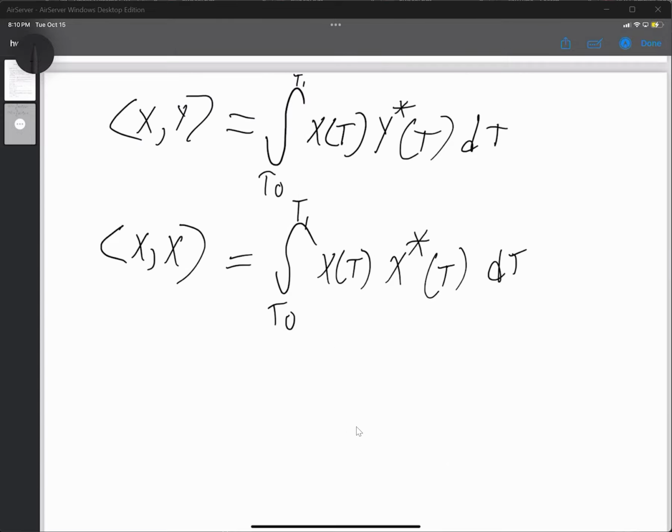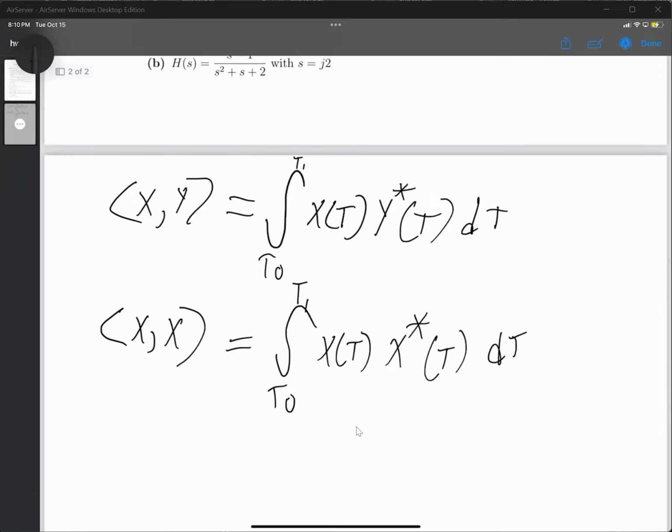Okay. All right, so this is part B. And we need to find the positive definiteness to see if this is a valid inner product. It's good to know that this will be a complex function, like you're dealing with complex vectors. And how you know that is you see this conjugate here, right? You're not dealing with a real inner product.